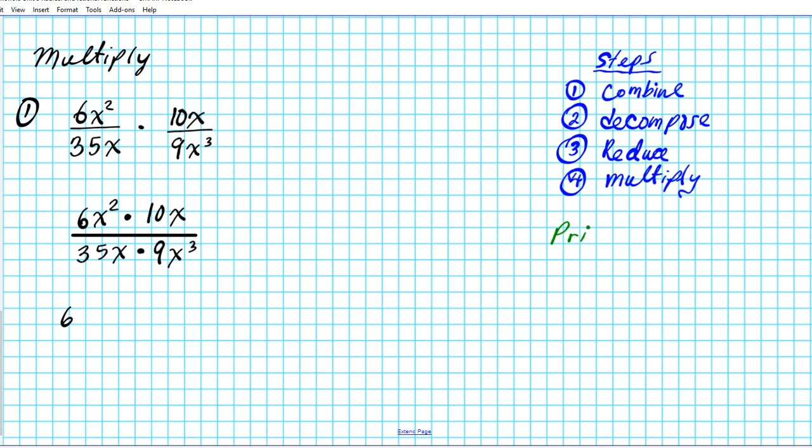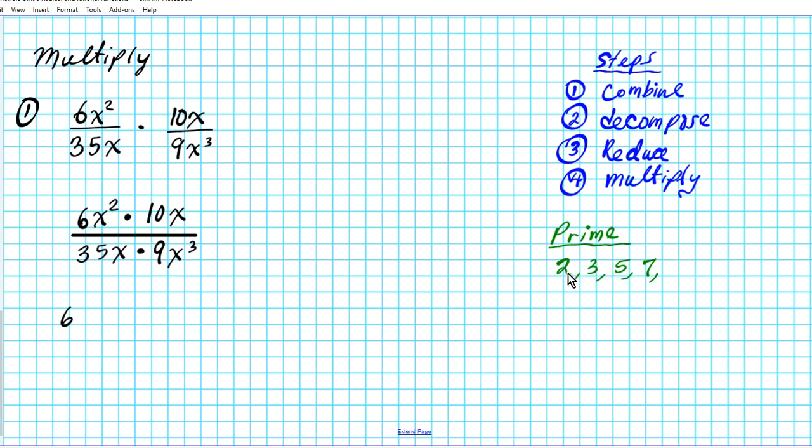Prime numbers are numbers that are divisible by themselves and 1 only. So your prime numbers are 2, 3. 4 is not prime because 2 goes into 4. 5 is prime. 6 is not prime because 2 and 3 go into 6. 7 is prime. 8 is not because 2 and 4 go into 8. 9 is not prime because 3 goes into 9.